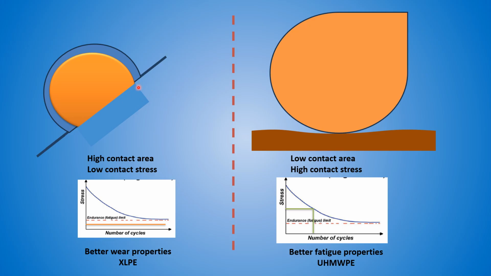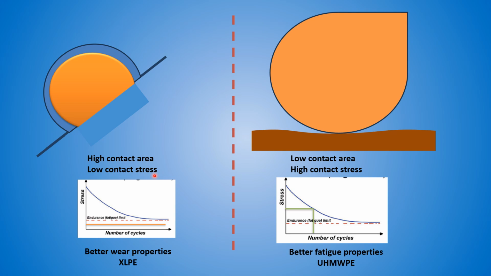In total hip, the metal head will have a high contact area with the polyethylene insert. So this high contact area means that the stress is distributed over a large surface area, so you have a low contact stress. So when it comes to polyethylene, you will choose the polyethylene that has better wear properties, which is the highly cross-linked polyethylene.